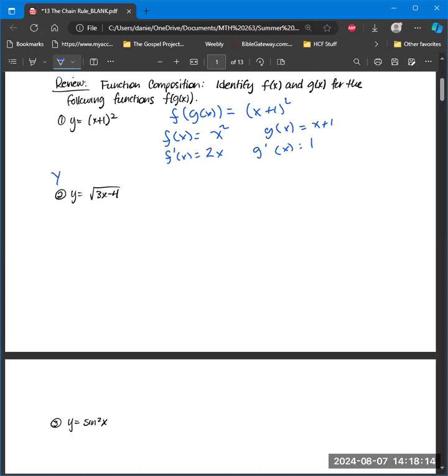And y prime is going to be equal to 2x times x plus 1 plus 1 times x squared, which is 2x squared plus 2x plus x squared, is 3x squared plus 2x.